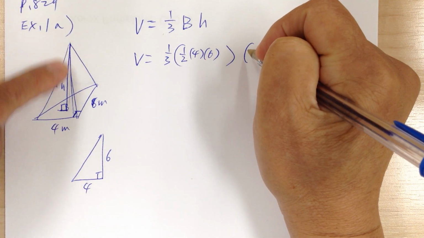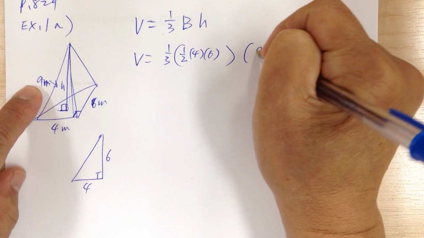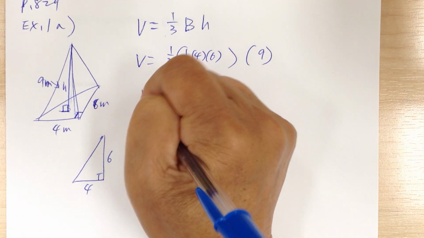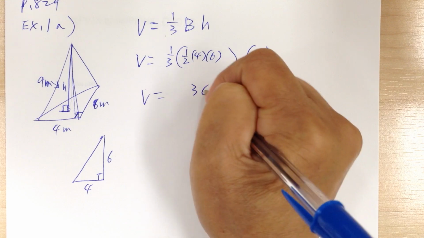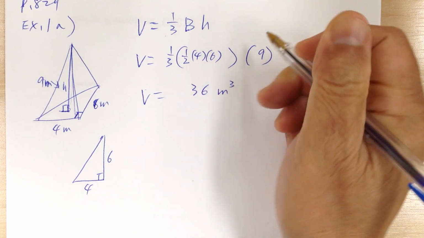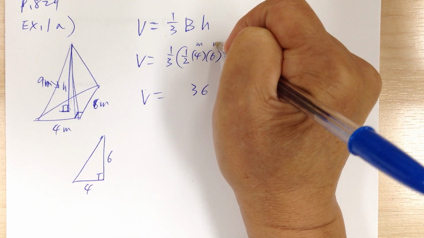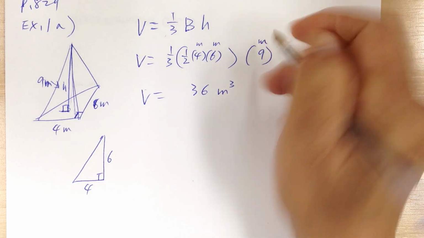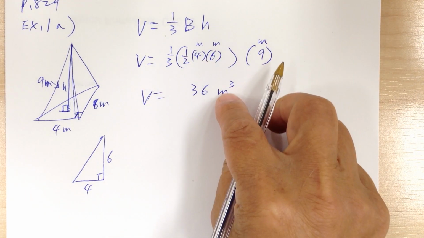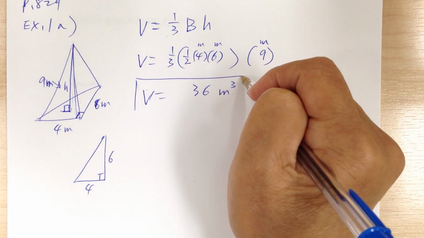And the height, make sure it's the perpendicular height, is 9. So volume equals 36 meters cubed, because this is meter, this is meter, this is meter, so it'd be meters cubed. Make sure you have the label, very important.